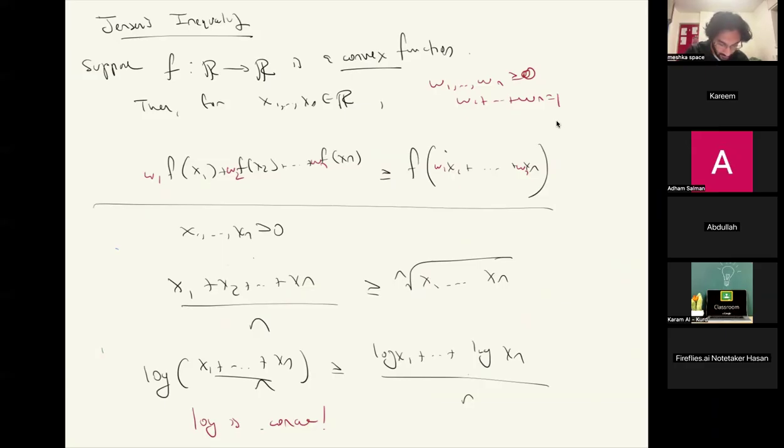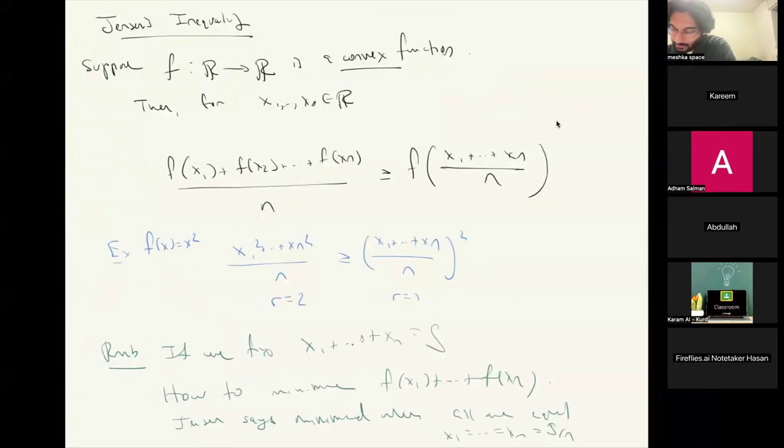Now I want to go through and see how many of the problems we solved with Holder can actually be solved with Jensen. And I think maybe almost all of them. Let's look. So let's go back to the problems we solved.